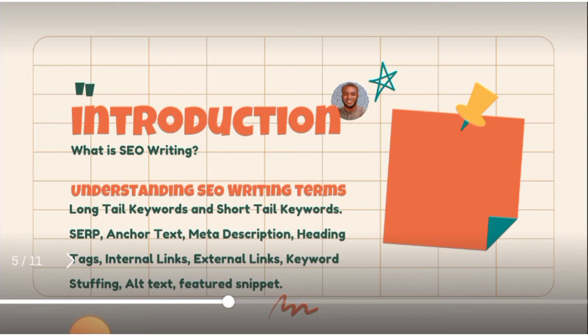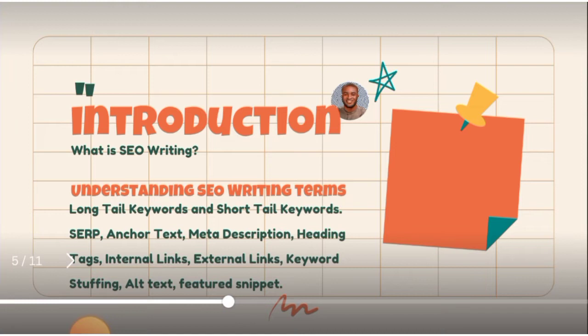Long tail keywords are keywords or phrases that are more specific and are generally longer than more commonly used keywords or short or head keywords. Now, long tail keywords usually have 3 to 5 words within them, and they may or may not include the head term. So let me give you an example. For example, let's say our head term is digital marketing and we want to form a long tail keyword from that head term.